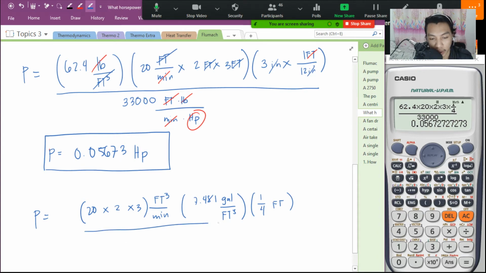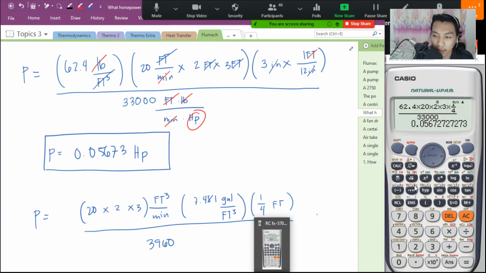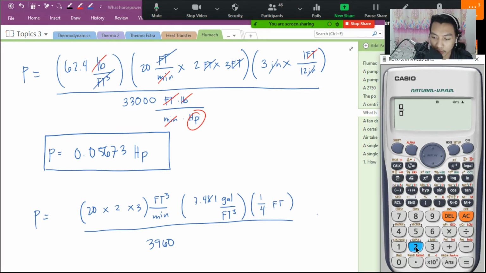Divide by 3,960. Ang lalabas na agad dito, HP na yan. Okay? Calculate natin. So, 2 times 3, 20 times 3. O, times 6 na lang. Times 1/4 or 0.25 times 7.481 divided by 3,960.